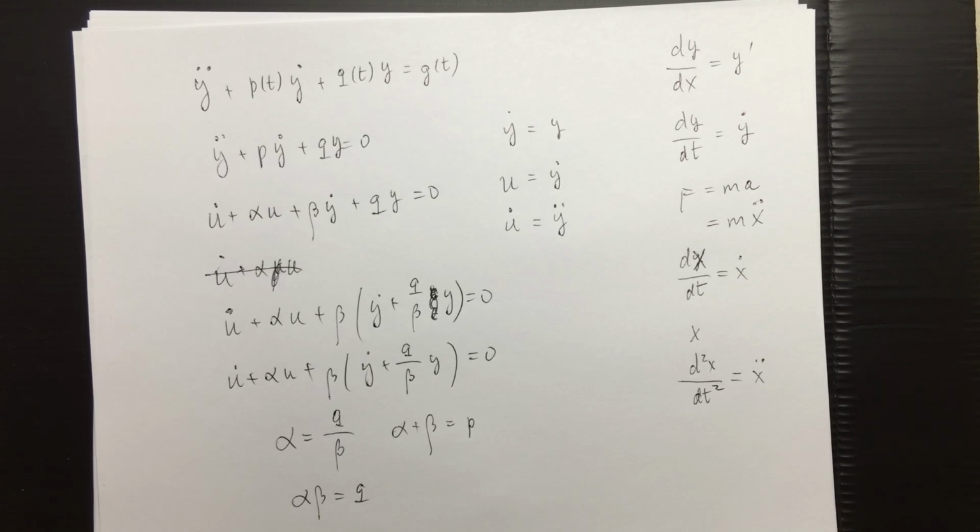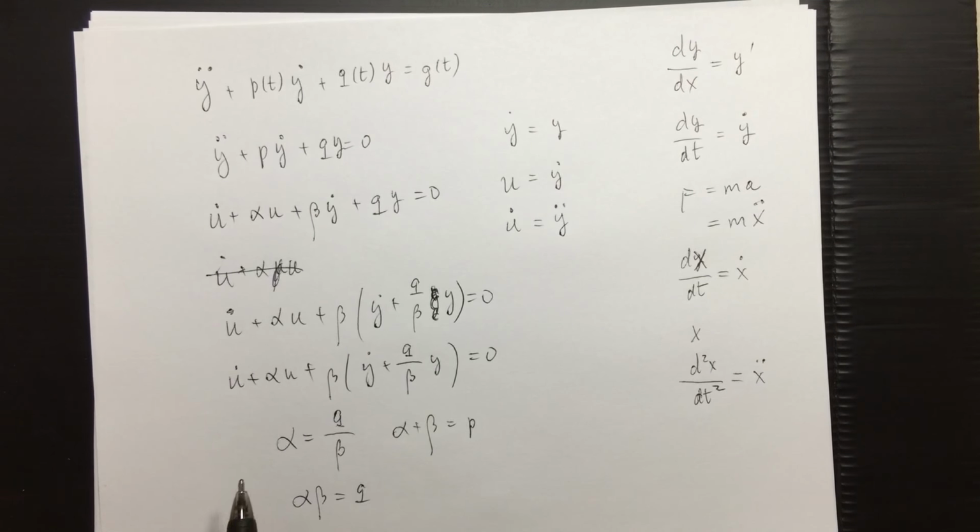Let's see how we do this. You know what? The best way to do it is probably just stop here. Okay. Once we do this, this becomes alpha. Yeah. Okay.